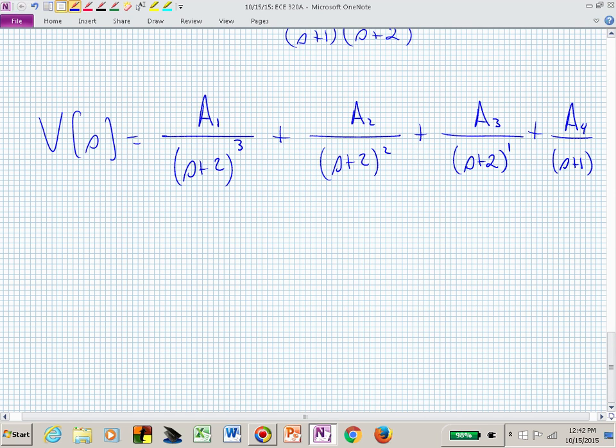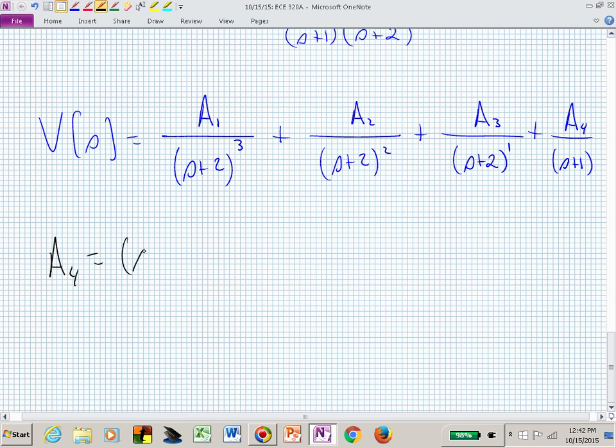Now, which ones can we find immediately? Which of these 4 coefficients can we immediately compute without too much effort? A1 and A4. Let's do A4 and then we'll come back to A1.